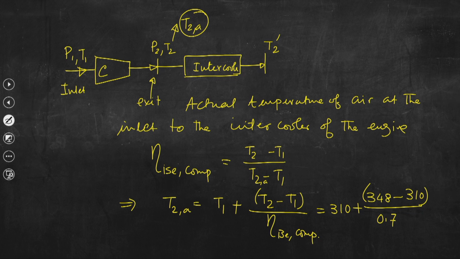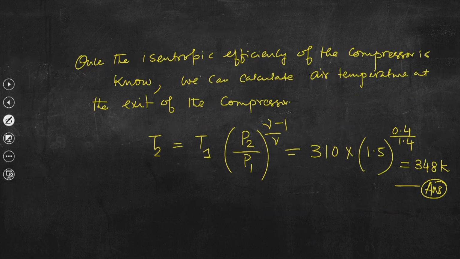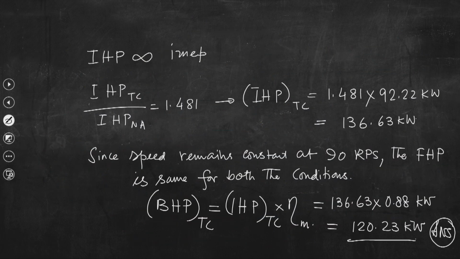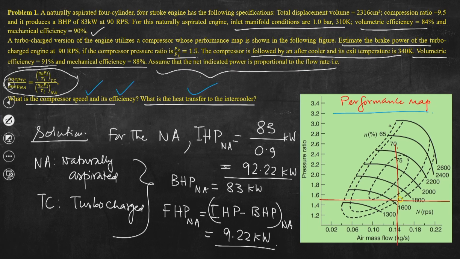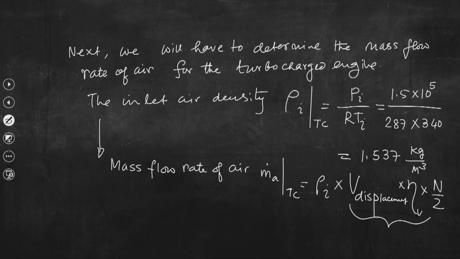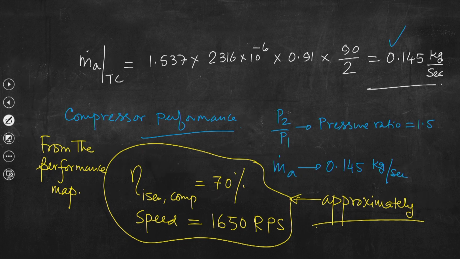Let me go back to the problem statement once again, it will help you to get more confidence. You know the compressor speed and efficiency, and we have calculated the isentropic efficiency of the compressor, 70% from the performance map, that is why we have used it.